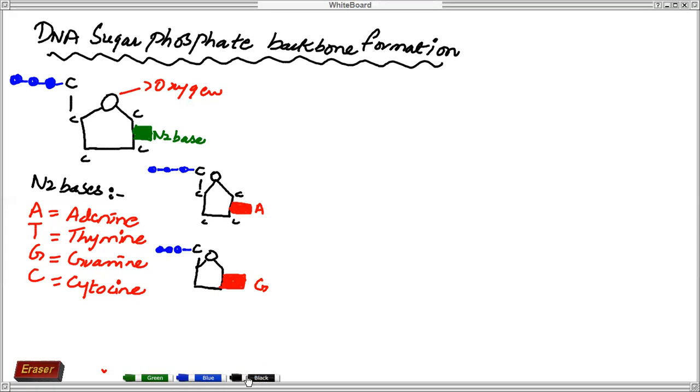So different types of nucleotides are formed in the nucleus or nucleoplasm by the cell.